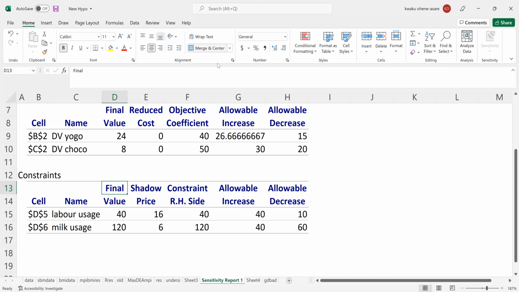Let me ask you this question rather. Which constraints here are binding? Which of the constraints? Asa. Both labor and milk are binding, using the final values that we found. So what is the value of the slack for milk, Asa?